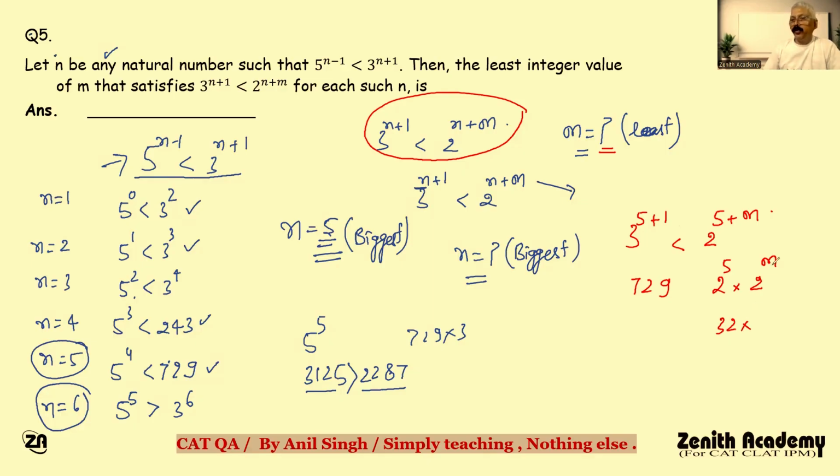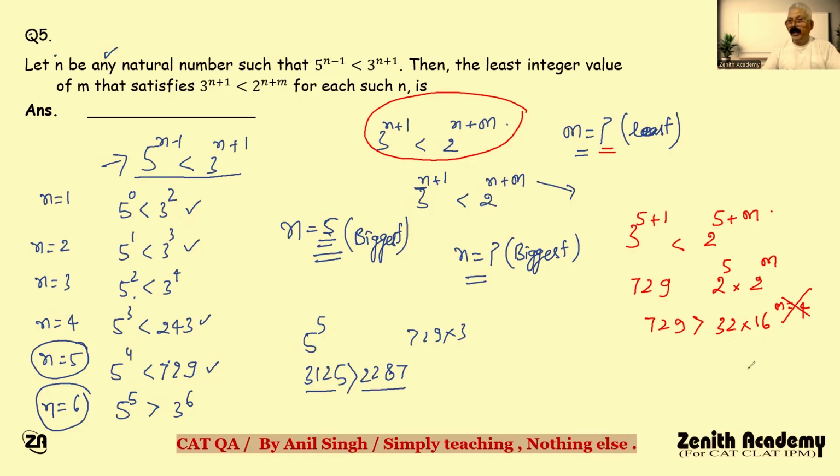If you take m is equal to 4, then it is 16. 16 into 32 is 512. 512 is less than 729. It means m is equal to 4 is not satisfying, right?